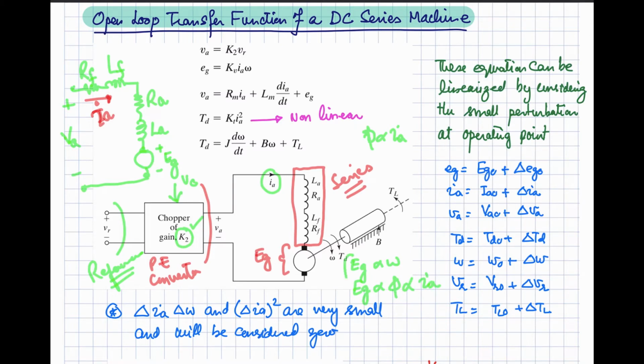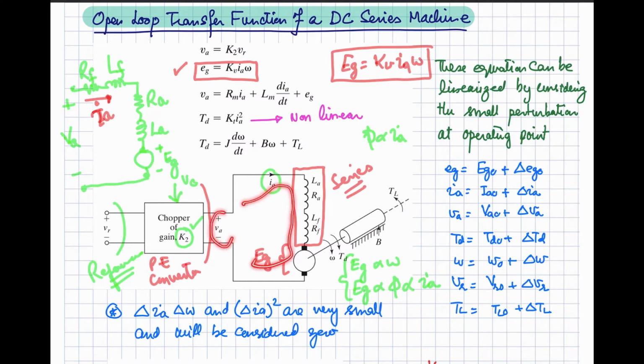So with this, we can write down an equation that EG is equal to some constant kV into IA into omega, assuming that our machine is operating in the linear way. So we have this equation for the back EMF, or the induced EMF in the armature and the field winding. Then we can write down the differential equation for the loop, this one.